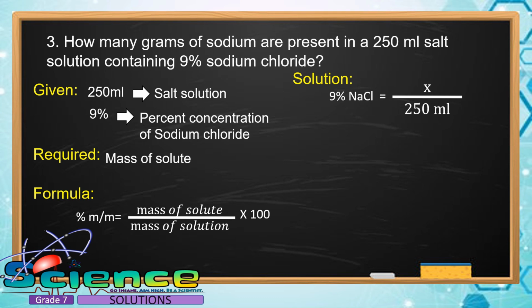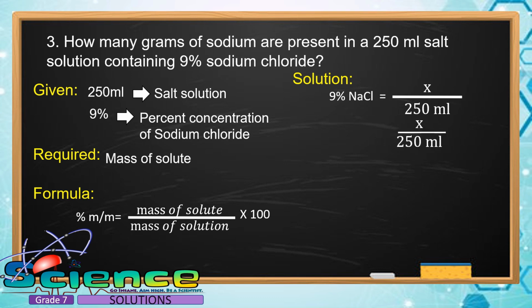In this equation, multiplying the ratio of solute and solution by 100 will not be applicable because the percent concentration is already given.